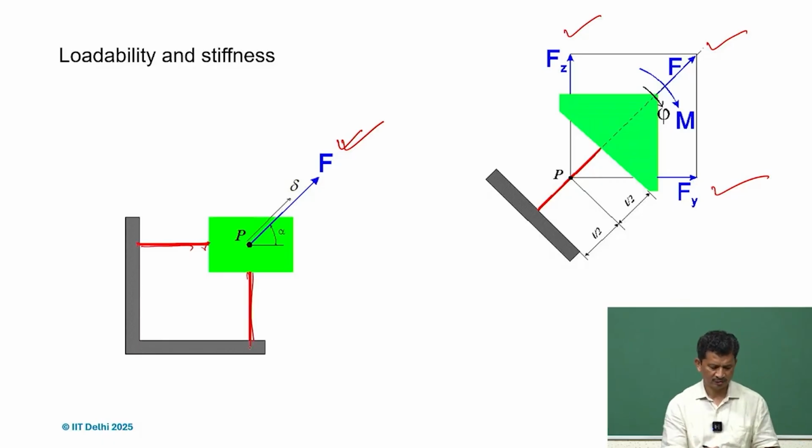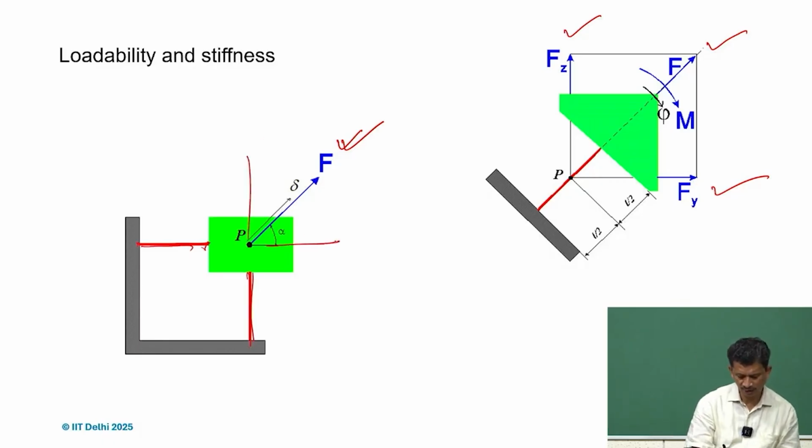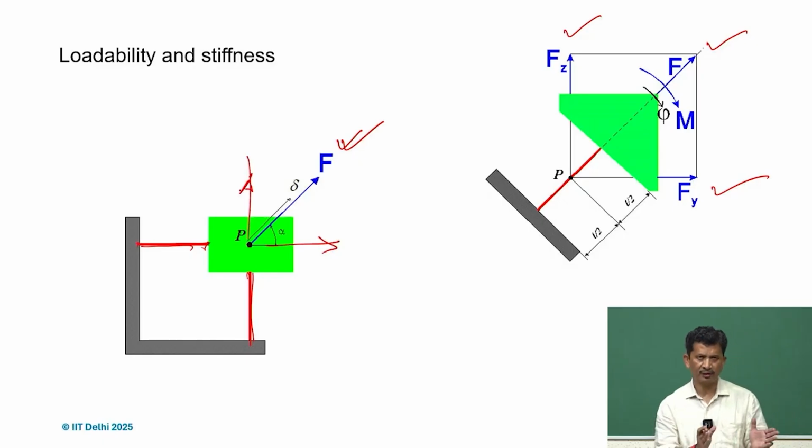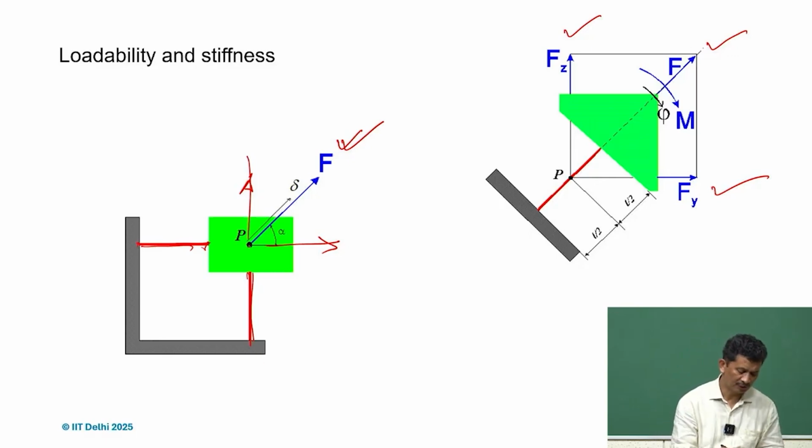So for any load, we can always get the parts Fy and Fz along those, and they will take care of that. And then for any kind of moment, there will be an associated deflection. In that case, P will be the instantaneous center of rotation.